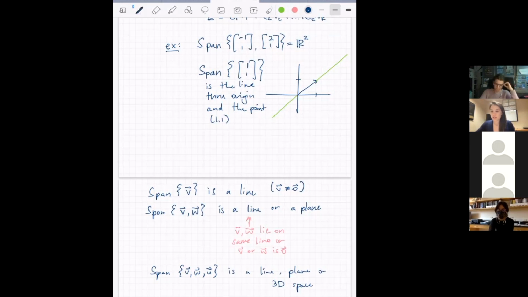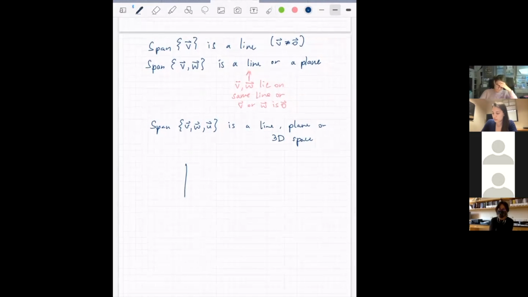I have a quick question. So these statements, does this only apply to R2? Wouldn't the span of a vector in R3 be a plane? The span of a single vector in R3 will still not be a plane. With a single, let me try and draw this nicely.